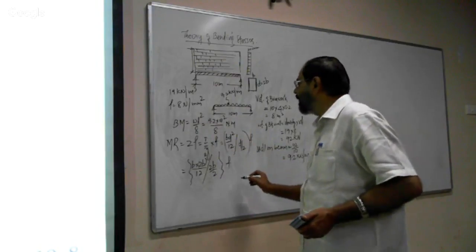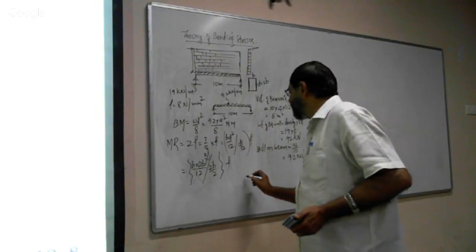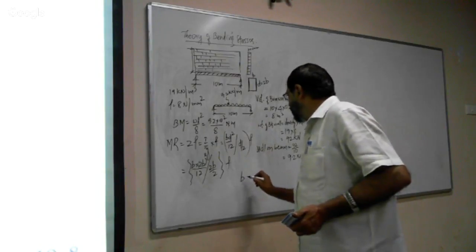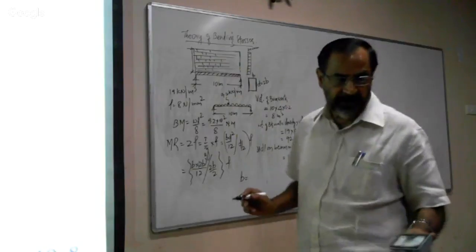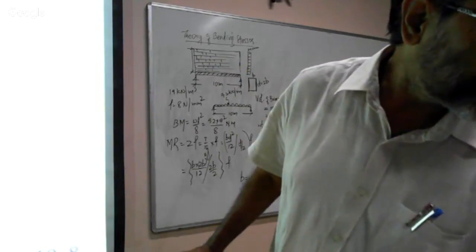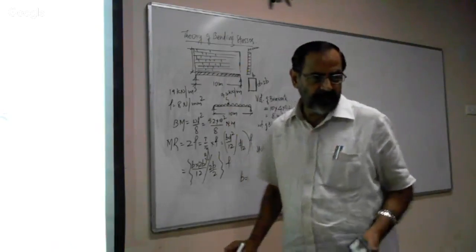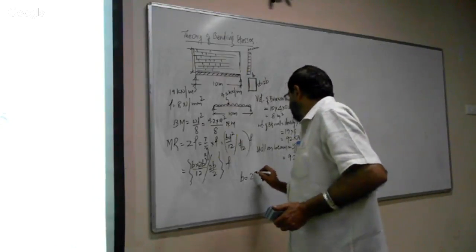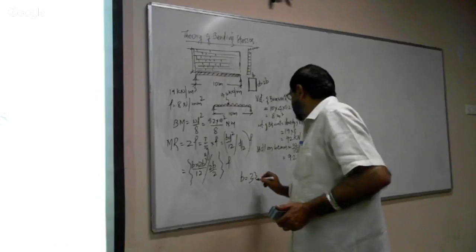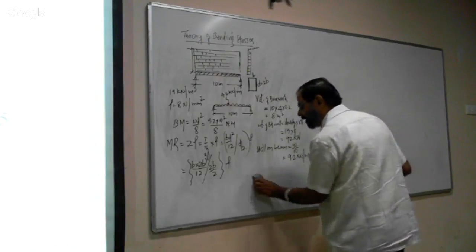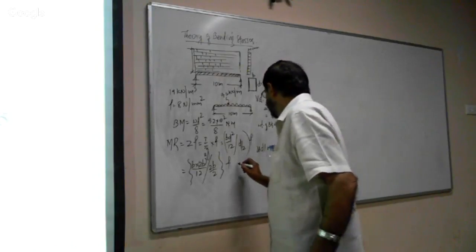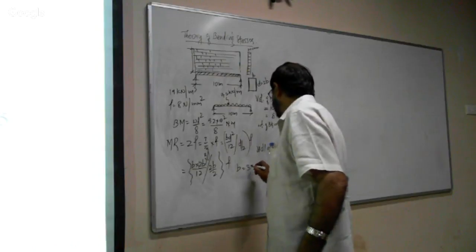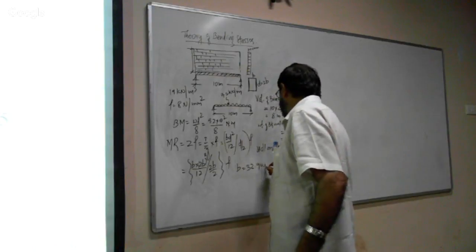Then we get B, which is 32.9 millimeter.